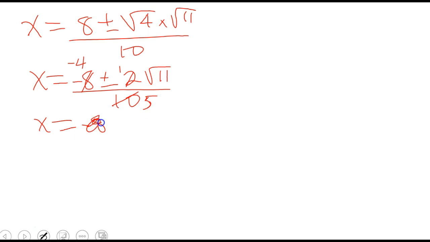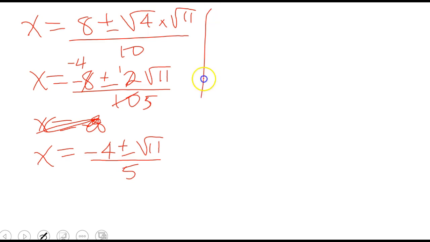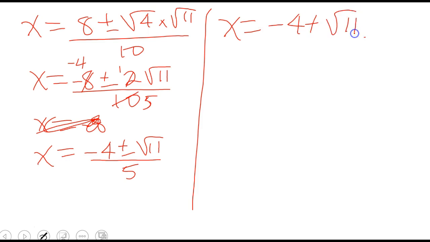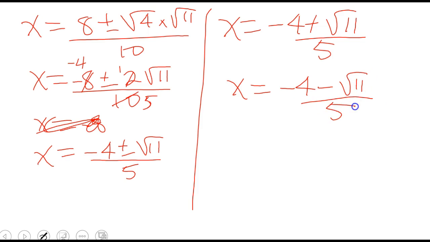So we're going to actually have x equals negative 4 plus or minus square root of 11 all over 5. So we can now separate them. x equals negative 4 plus square root of 11 over 5, and x equals negative 4 minus square root of 11 over 5.